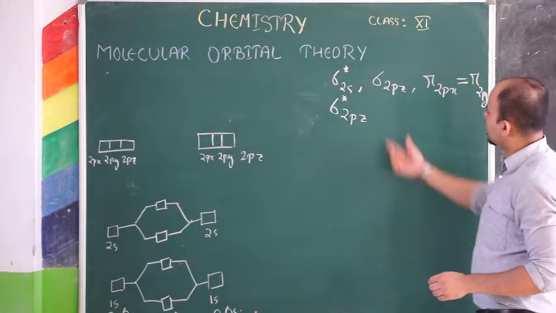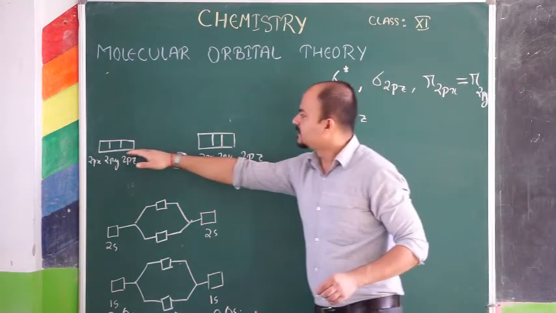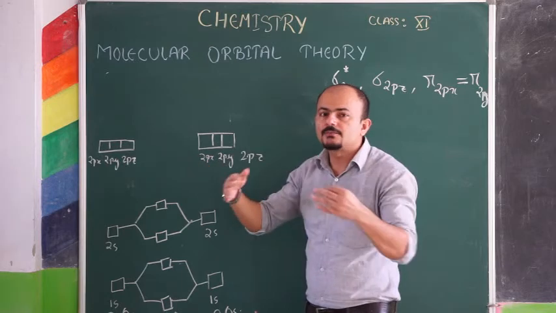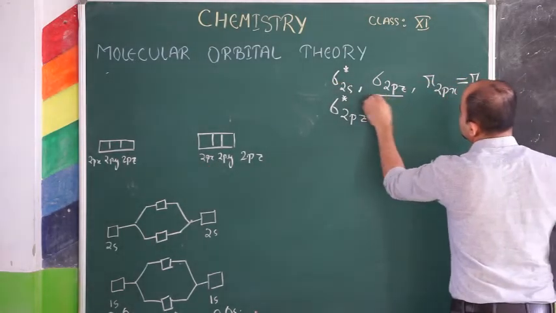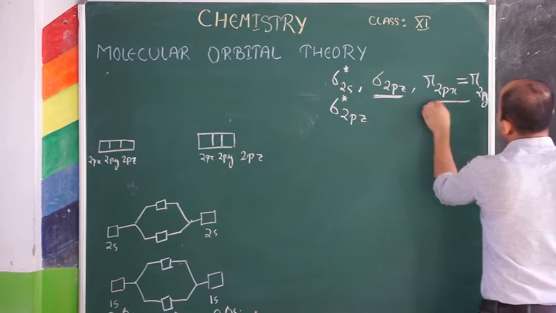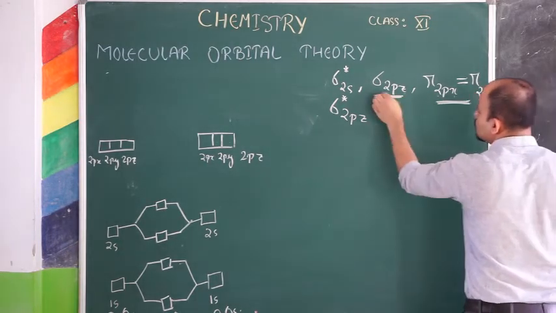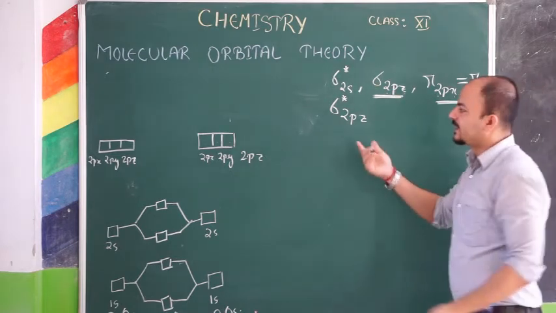Can you see that? And here, these three as atomic orbitals have the same energy, but once they form molecular orbitals, their energy varies. Can you see that? Here, the energy of 2px, 2py and 2pz is not the same. Sigma 2pz has lower energy.